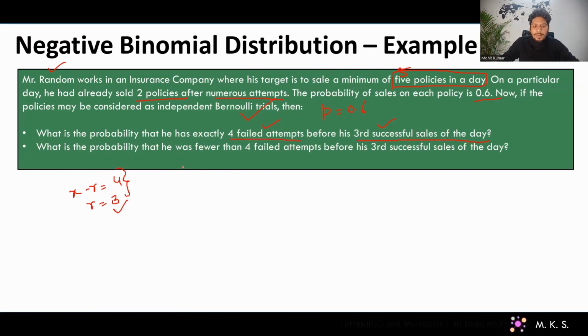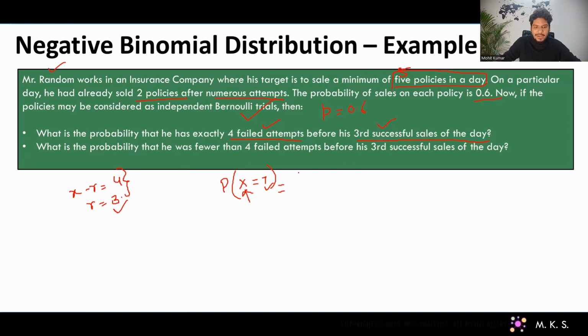Now you have the probability of success, the number of failures, and the number of successes. You can use your PMF formula. What we need to calculate is the probability of x equal to 7, actually, right? The number of trials is 4 plus 3, which is 7.